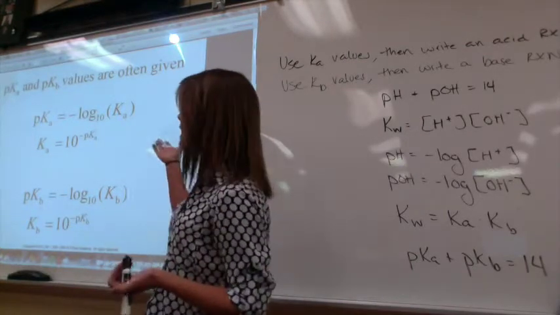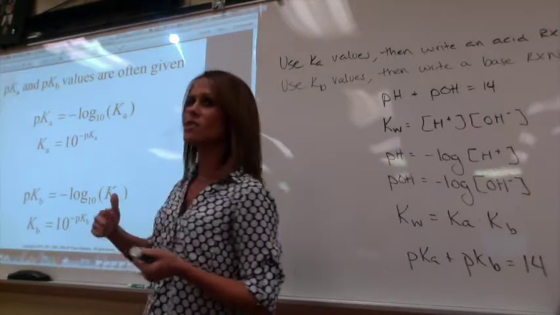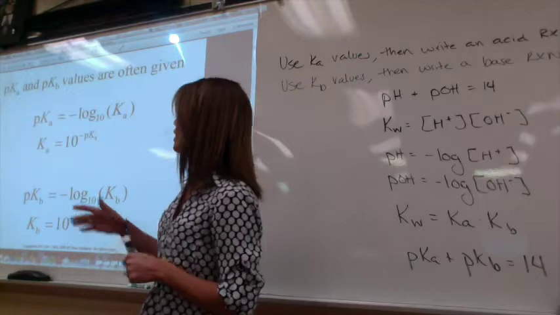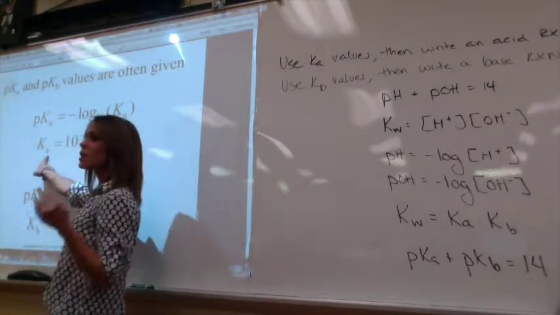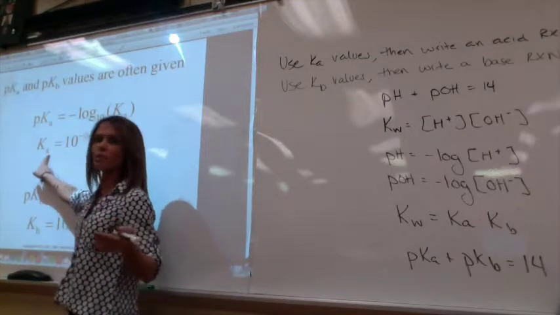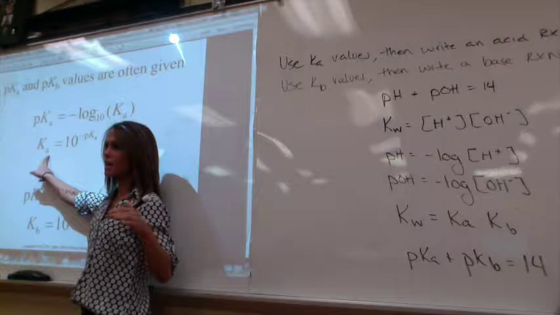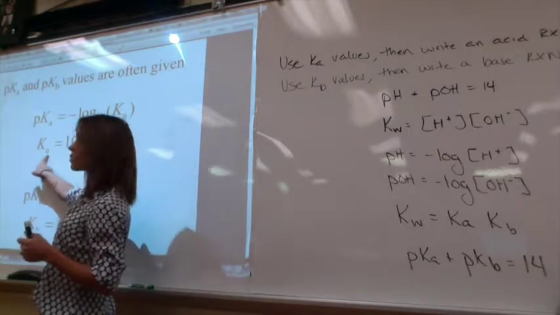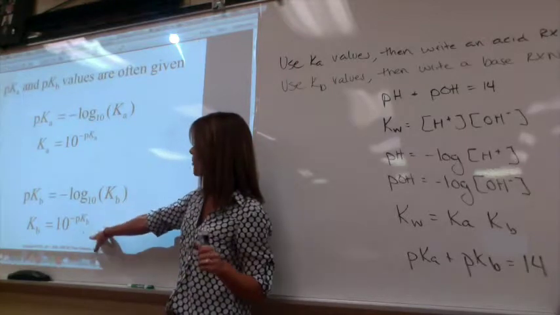So if I want to find pKa, it's the negative log of the Ka. The same thing that you did yesterday, if you want to find the Ka value, you're going to take 10 to the negative pKa to solve for the Ka. You need the Ka because you can't figure out the equilibrium concentrations of the ions without the Ka value. So you're going to have to find the pKa and the Ka and how they're associated. Same thing with pKb and the Kb.